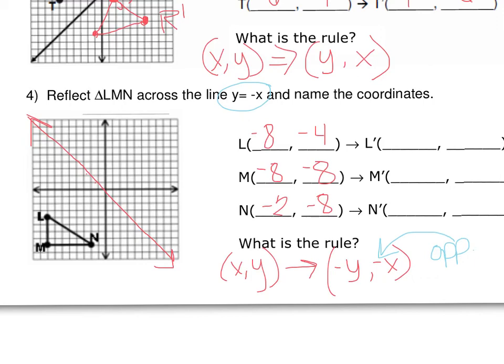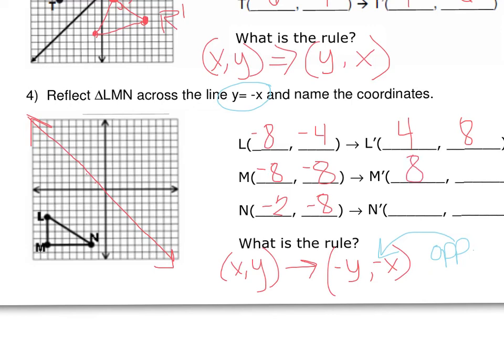So you'll see why I wanted to go ahead and give you this rule so you can apply it to these coordinates so you can understand the opposite. So this ordered pair right here, the opposite of the y is going to become the x. So the opposite of negative 4 is 4. The opposite of negative 8 is 8. Again, here, this y is going to become our x, so the opposite of that y becomes our x.